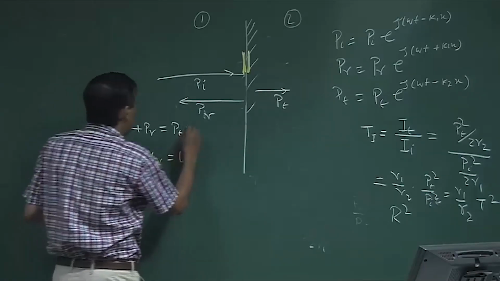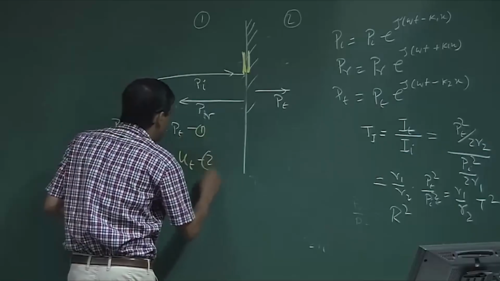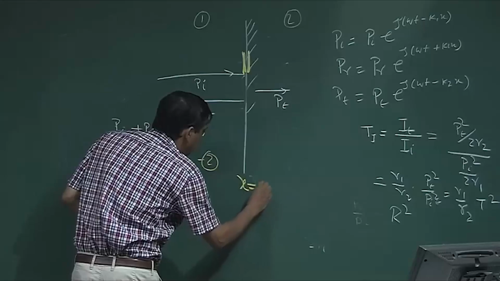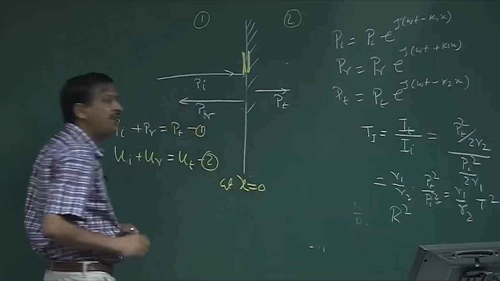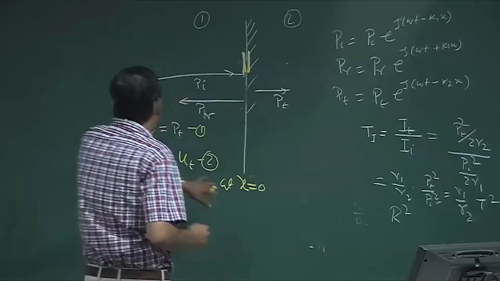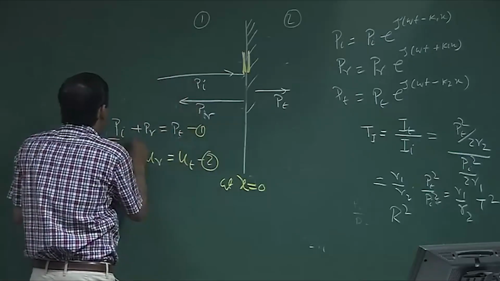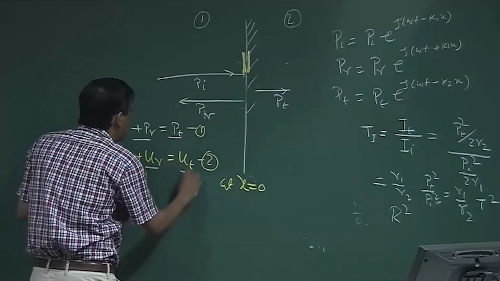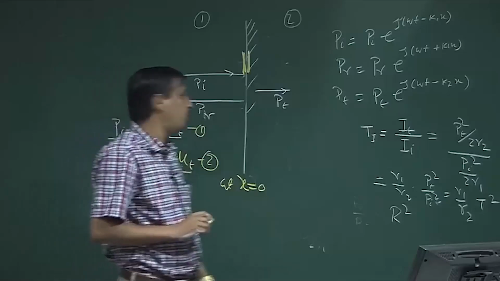This is equation number 1 and this is equation number 2, where the boundary is at x equal to 0. So, at x equal to 0, Pi plus PR is equal to PT and Ui plus Ur is equal to Ut, both equations.